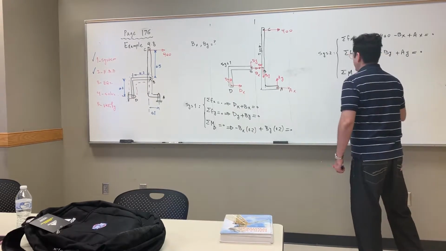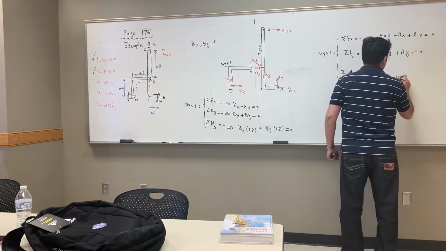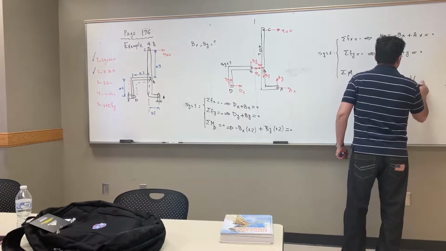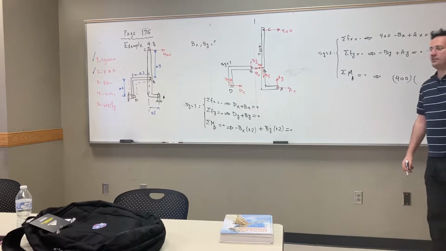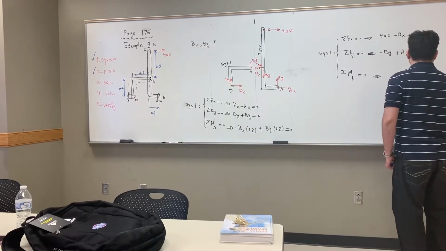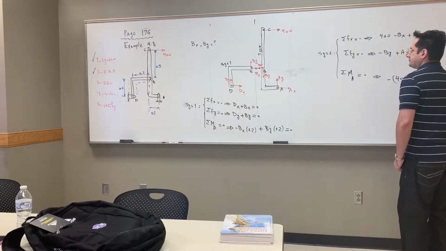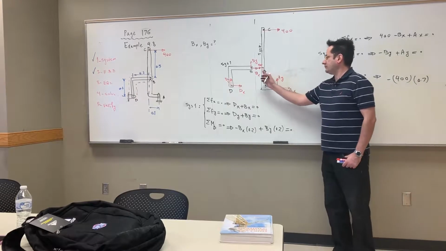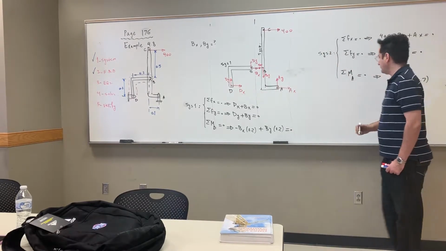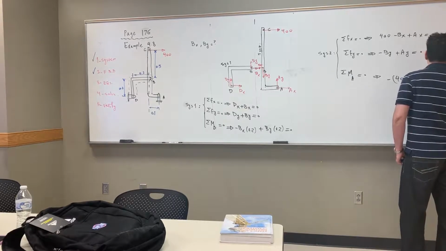So this is going to be point A. So what do I get? Let's start with 400. 400 times 0.7. Positive or negative? Negative. Then go to Bx. Bx times 0.2, positive or negative?